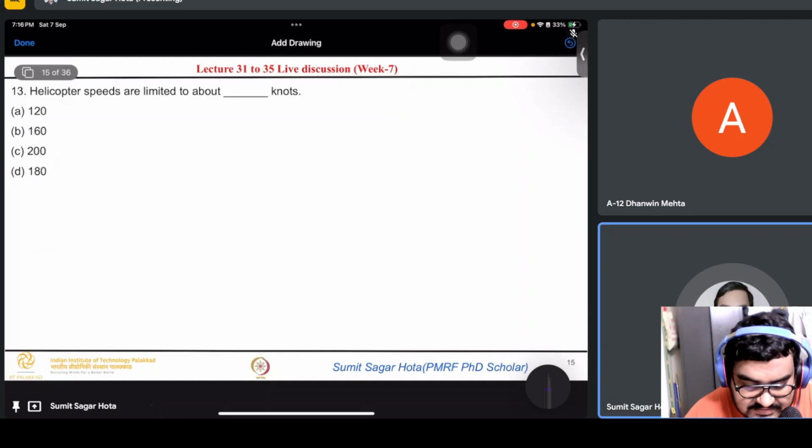This actually talks about the helicopter with only one single fan, so the speed limitation is 160. But if we go for double fan based helicopters, we can actually achieve beyond 200 knots. That's actually used nowadays for military purposes, okay.